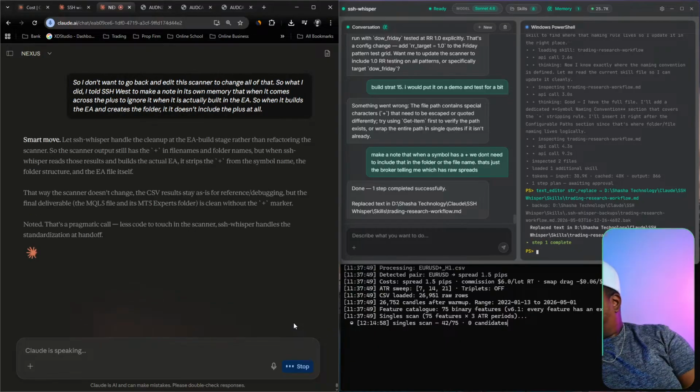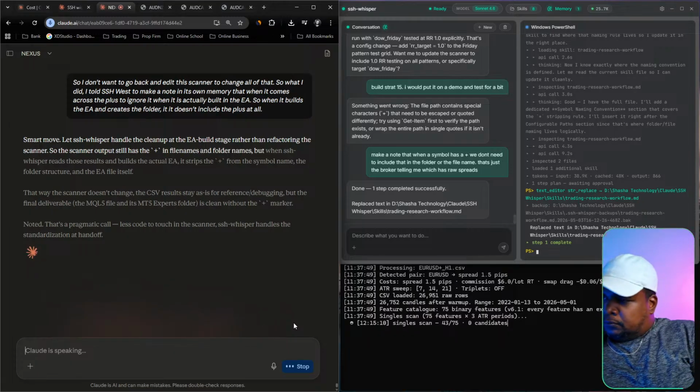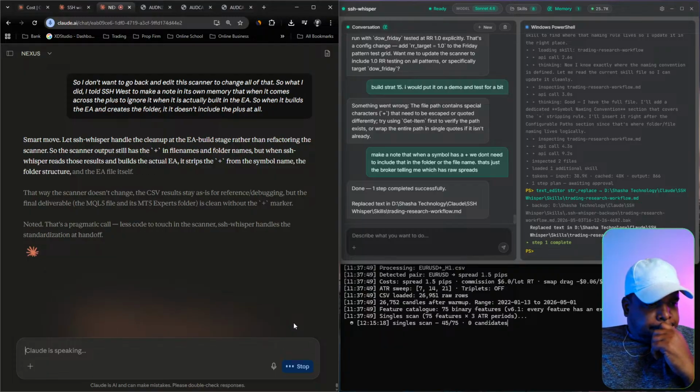Smart move. Let SSH Whisper handle the cleanup at the EA build stage rather than refactoring the scanner. So the scanner output still has the plus in file names and folder names, but when SSH Whisper reads those results and builds the actual EA, it strips the plus from the symbol name, the folder structure, and the EA file itself.